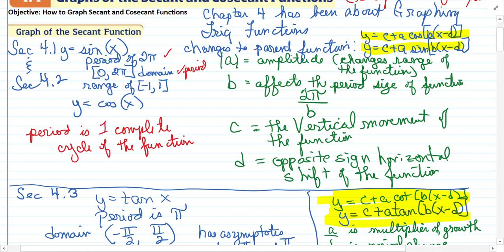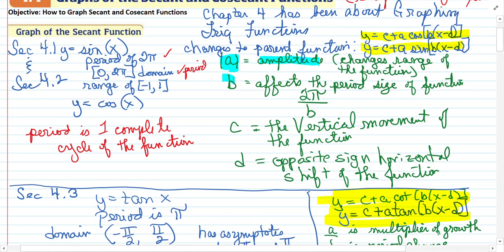Now what this does is change it. We found out that the absolute value of a is amplitude, and it is the new change in the width of the cyclical function.